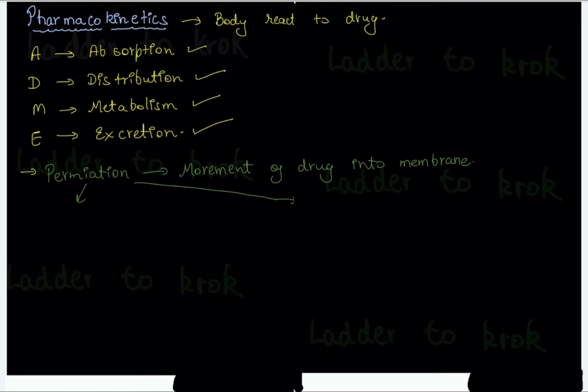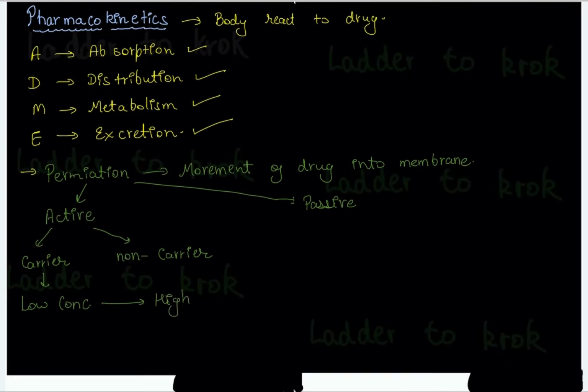Now it is of two types, active and passive. Active is of two types, carrier and non-carrier. This carrier is from low concentration to high concentration, and here we use energy in the form of ATP.